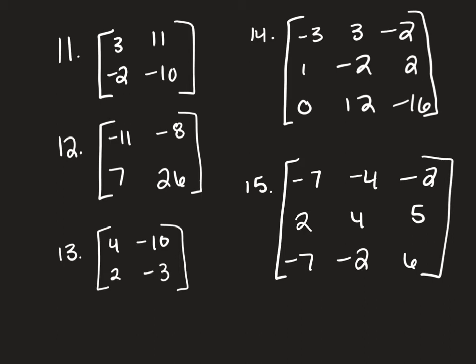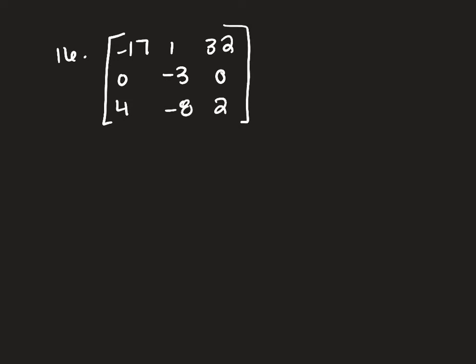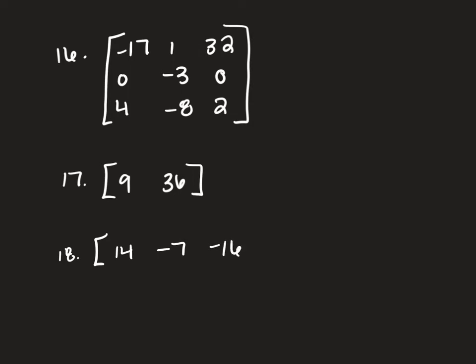Okay, 16 is negative 17, 1, 32, 0, negative 3, 0, 4, negative 8, and 2. 17 is 9 and 36. 18 is 14, negative 7, negative 16, 10, negative 19. So that's a 1 by 5.